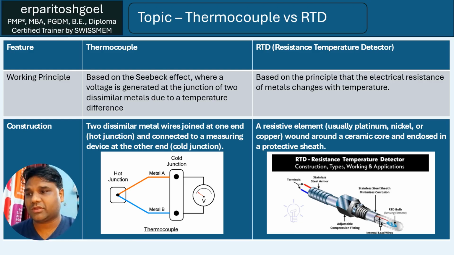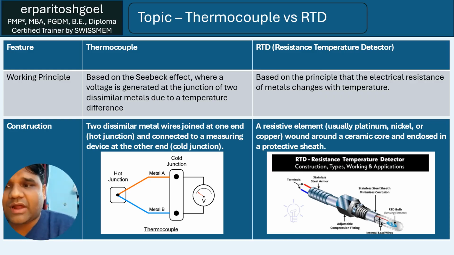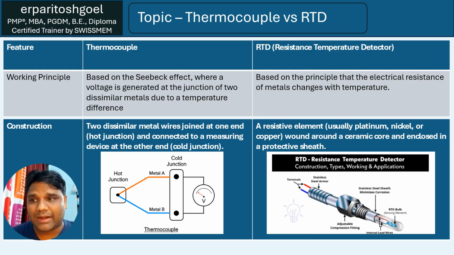So this is the construction of a thermocouple. In a resistance temperature detector, which is RTD, platinum, nickel alloy or copper alloys are usually used, wound together on a ceramic core and enclosed in a protective sheath. Whenever the platinum metal is exposed to a temperature, there will be a change in resistance, and that change in resistance is used to identify what temperature it is being exposed to.